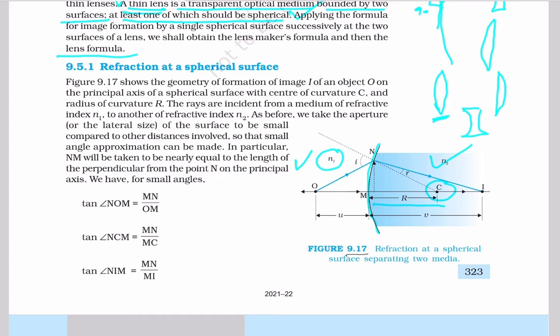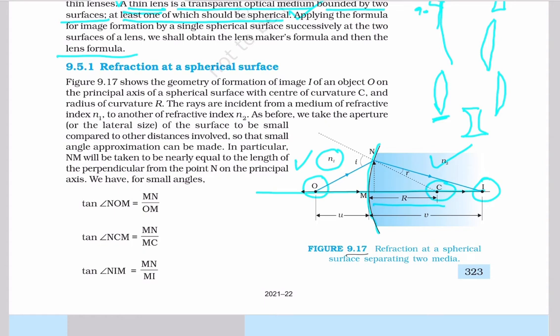Now we'll take the geometry of formation of image I of an object O placed on the principal axis. So this is the principal axis of the spherical surface. The rays are incident from medium 1 to medium 2.